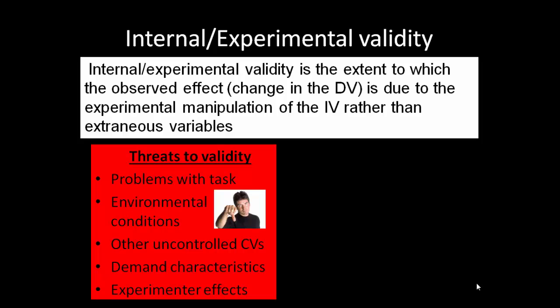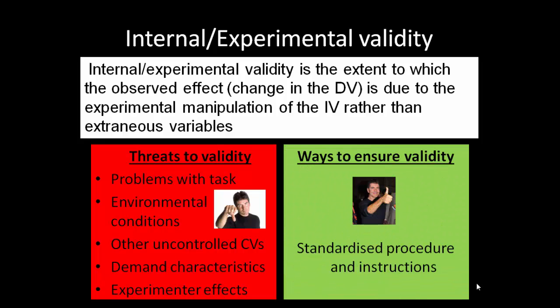This could affect the student's reading ability. So if we're trying to draw a cause and effect conclusion that it's the reading scheme that affected their reading ability, we could be completely wrong. It could be the private tuition that they've had. This is the big problem with natural experiments, that we simply don't have the control over the CVs.